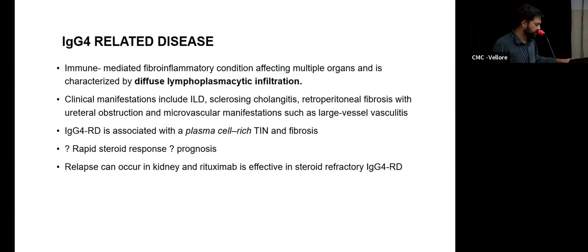IgG4 related disease is associated with plasma cell rich tubulointerstitial nephritis and fibrosis. Sometimes it can very closely mimic Sjogren's syndrome also. There is a rapid steroid response in patients having IgG4 related disease. If it's proven IgG4 related disease, I will show you the criteria for diagnosing IgG4 on a renal biopsy. Relapses can occur in the kidney, and rituximab is effective in steroid refractory cases.